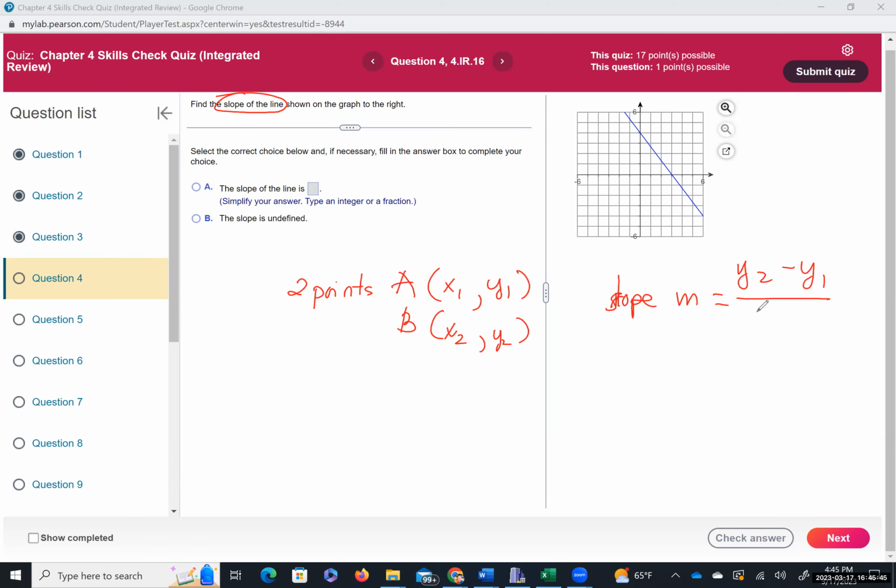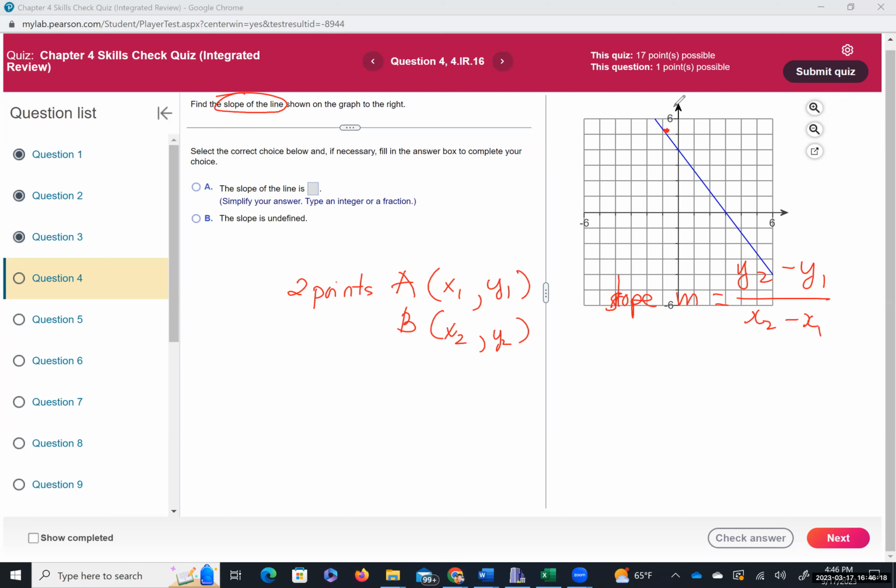Okay, so for the line in here, you're going to try to find 2 points on it. I would recommend don't choose a point where you can't easily see the correct coordinate. For example, like this point, you see what is the coordinate of that?